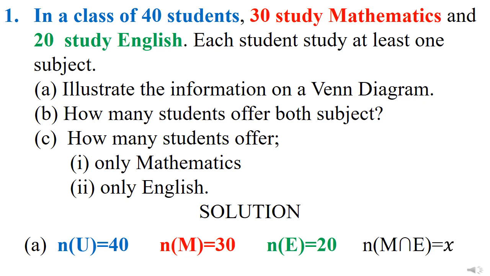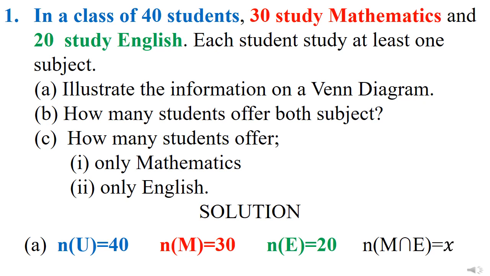30 of them also study mathematics. So number of M equal to 30 students. And we also have English language, which is 20 students. So number of E equal to 20 students. Now the question didn't give us the intersection.